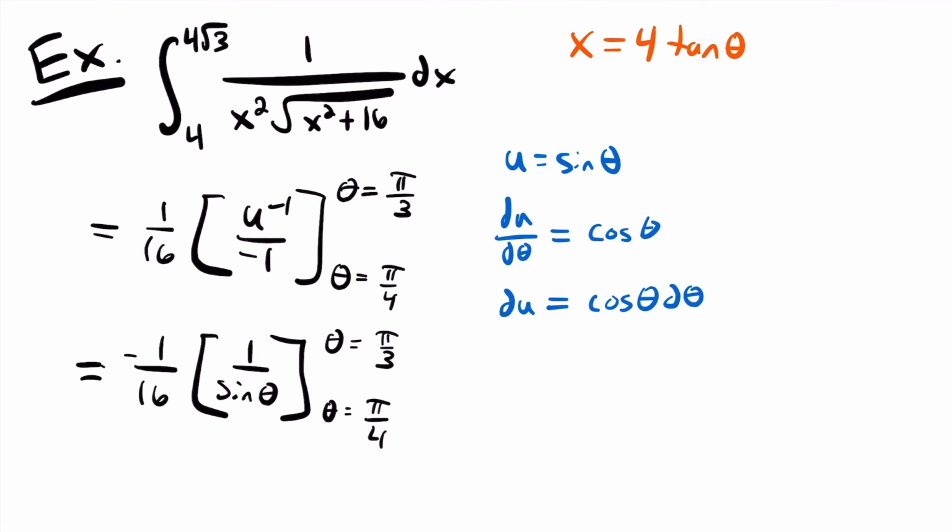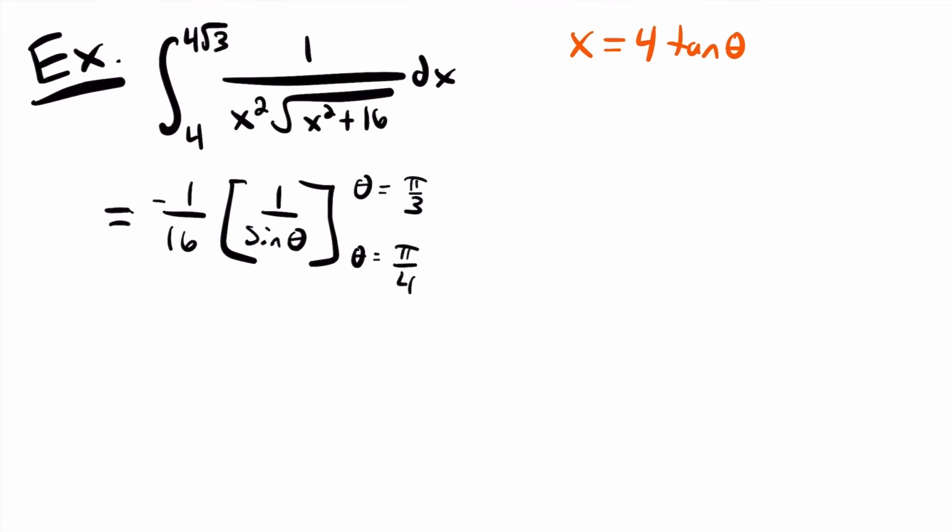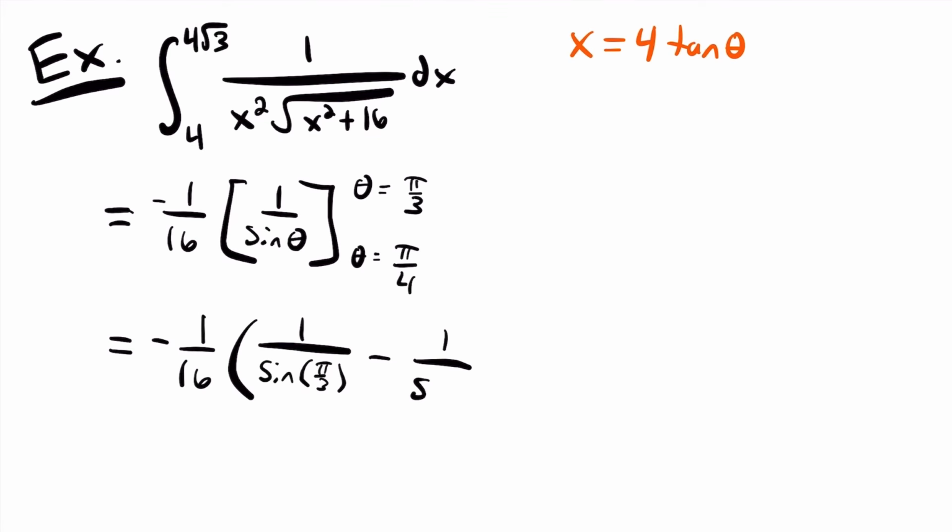And so if I clean up my work one more time, we will have that this is equal to negative 1/16 times this expression evaluated at pi divided by 3 minus the evaluation at pi divided by 4. So we have 1 divided by sine of pi divided by 3 minus 1 divided by sine of pi divided by 4.